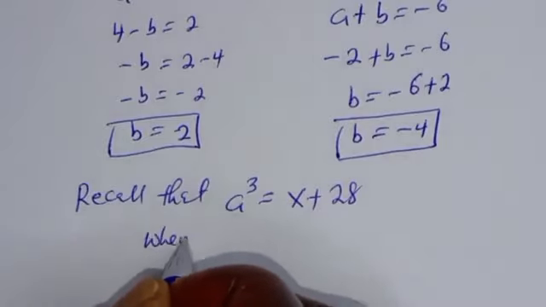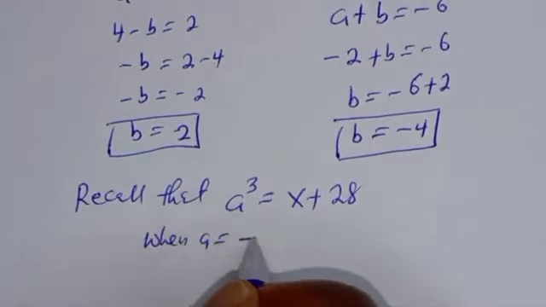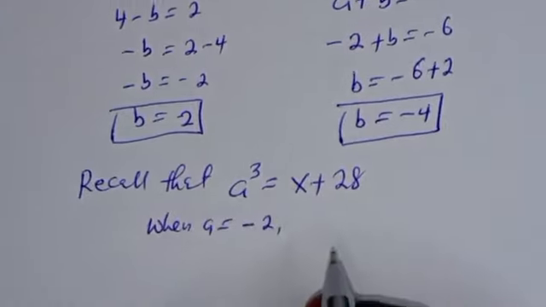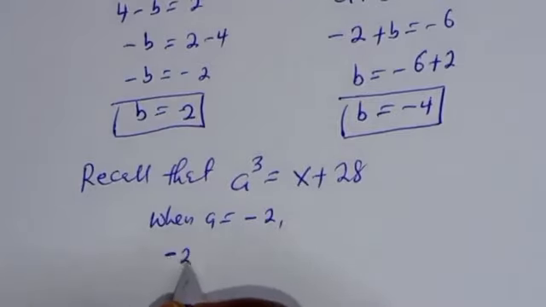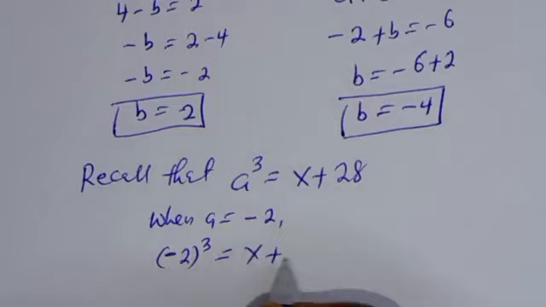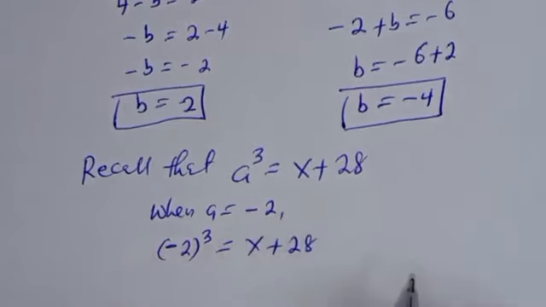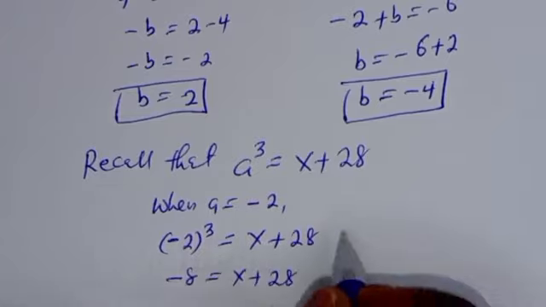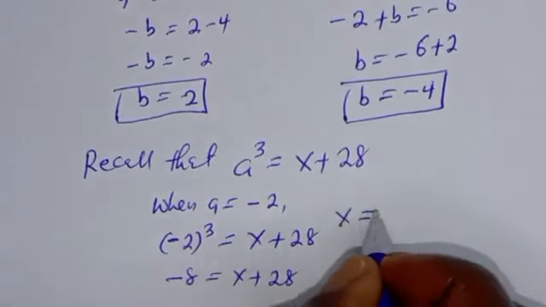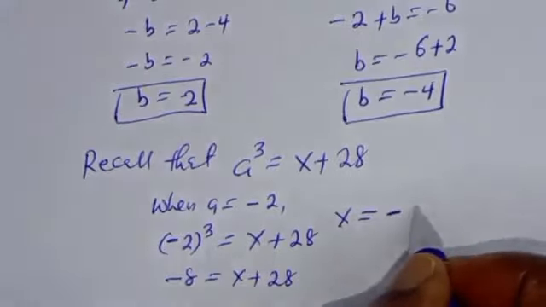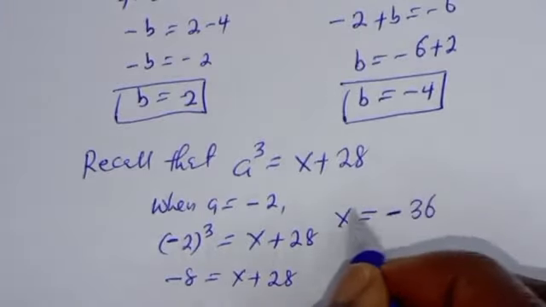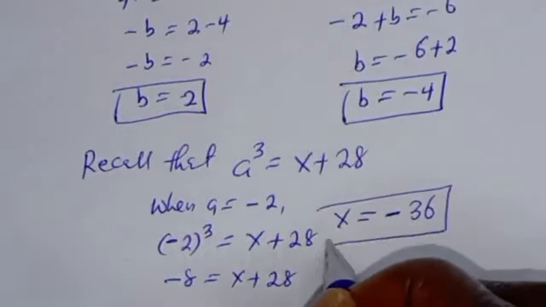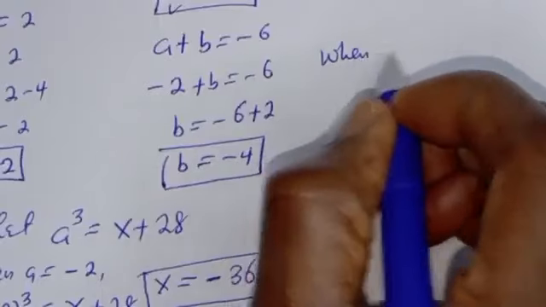When a is equal to minus 2, then minus 2 to the power of 3 is equal to s plus 28. Minus 2 raised to power 3, this is minus 8, is equal to s plus 28. Then s is equal to minus 36. This is the first value of x.